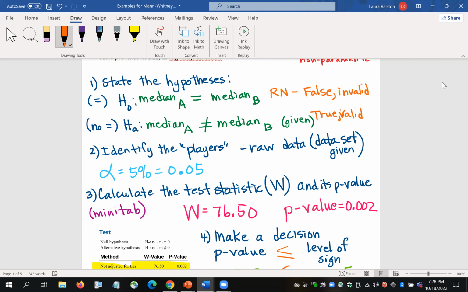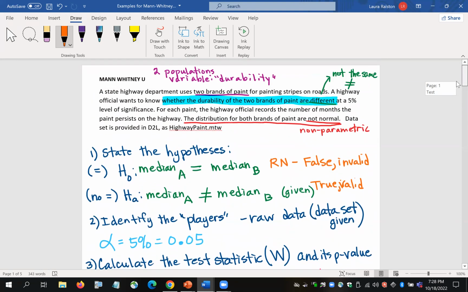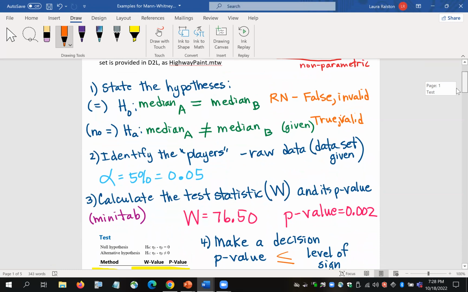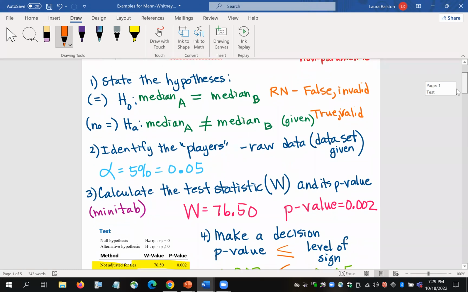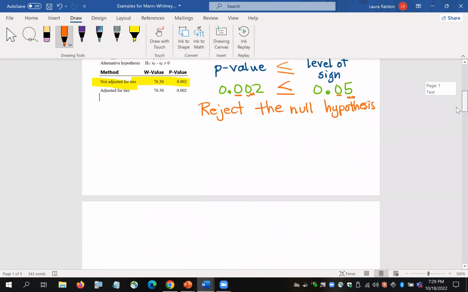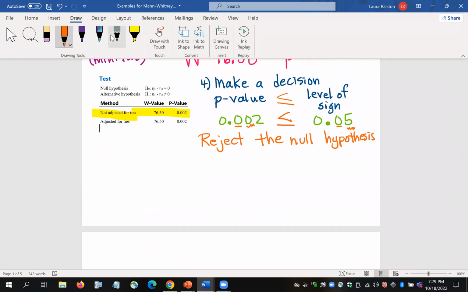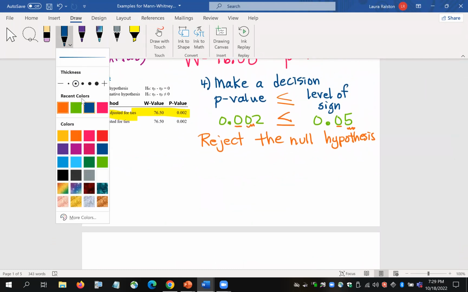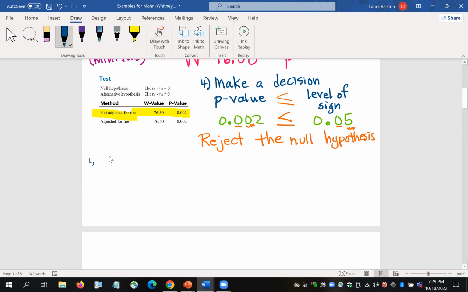So we have actually proven that there is a difference in the durability of the two paints because the median values are not the same. Okay, so the median values are not the same. So we would write our conclusion. That's our last step.